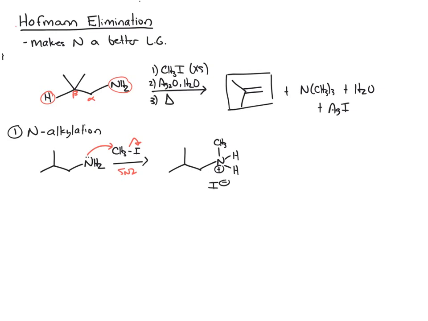And then, just like before, a base can take one of these protons. Leaving us with going from the primary to a secondary amine. Well, then this will just happen again.